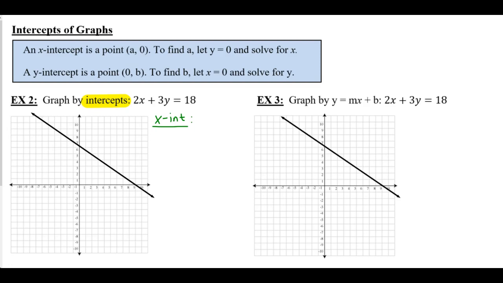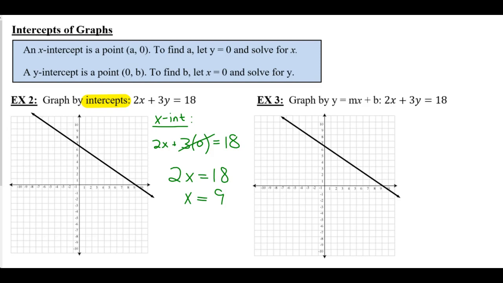So what we can do is rewrite this equation, 2x plus 3 times y, we know that y is going to be 0 if I'm on the x-axis. So if we're trying to find the x-intercept, you plug in 0 for y. Now this is always super easy because that causes that variable to cancel out. And we're left with a 6th grade equation, 2x equals 18, so therefore x equals 9.